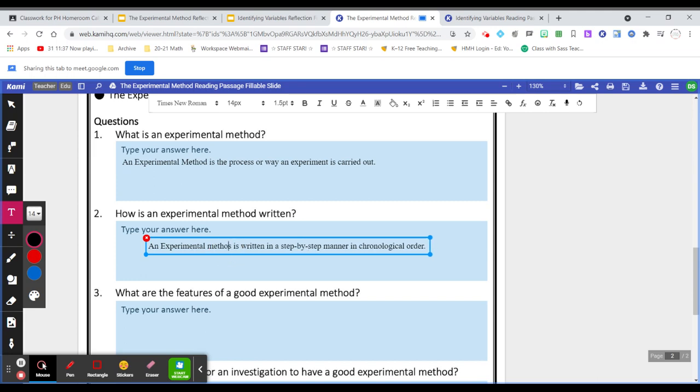I'm going to spell words correctly. Which word? Chronological. I want to say the Greek root is chronos, which is time, right?